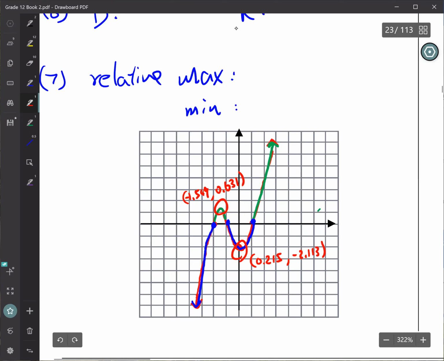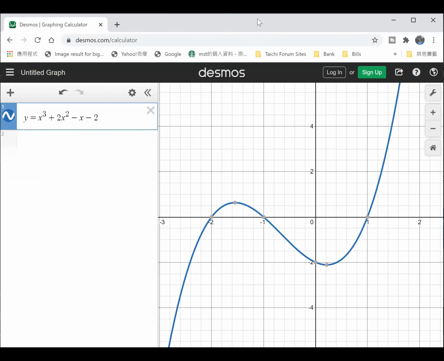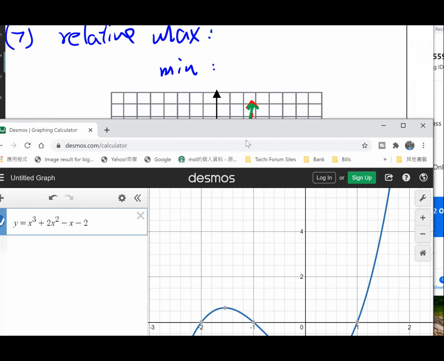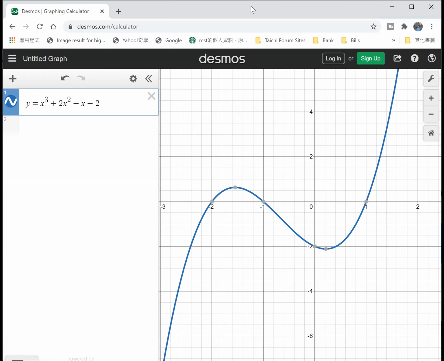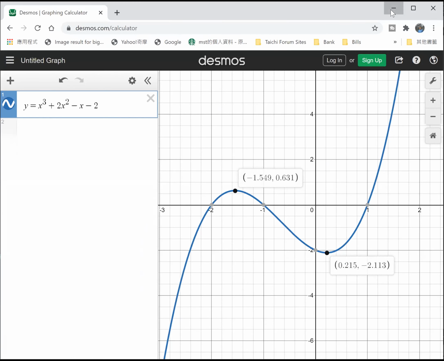Let me check. I will share my screen now and see if it's the same. Okay, so this is what I have. And maximum, yep, 0.631, very good. -2.113, yep, very good. So that's how you would find them.